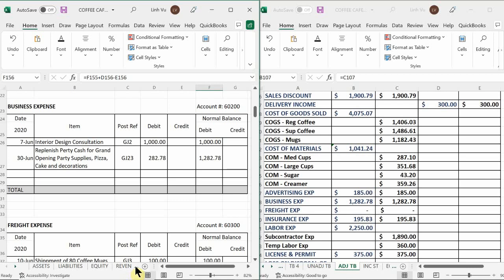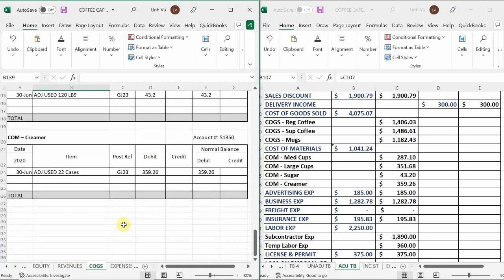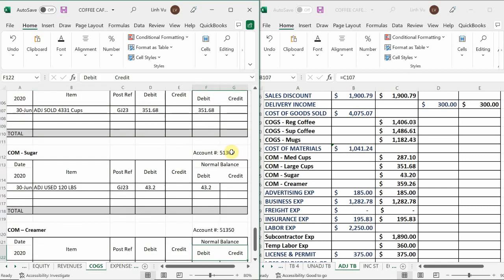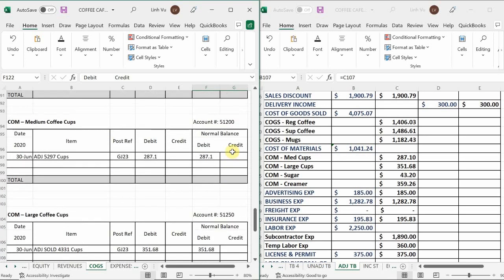Let's try the cost of goods sold. $359.26, 43.20, 351.68, 287.10.